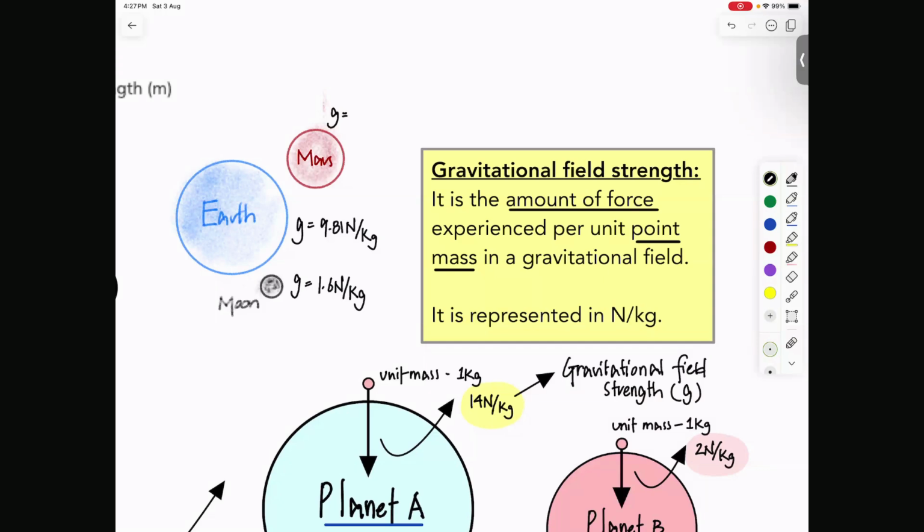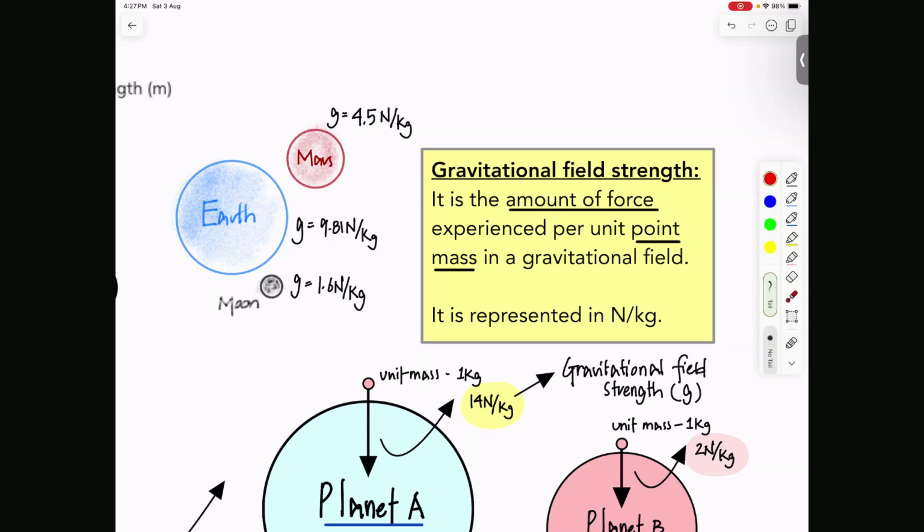Mars is a smaller planet. It should be less, right? Yes, it is less because of mass. And isn't the attraction based on mass? So Mars, if I'm not wrong, is 4 point something, I think 4.5. Yeah, approximately something like that, 4.5 Newton per kilogram.